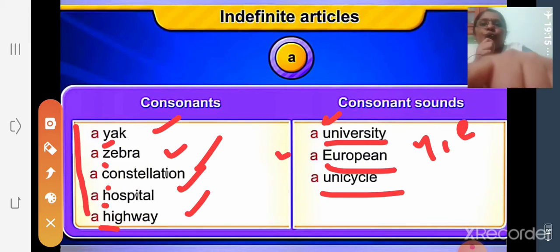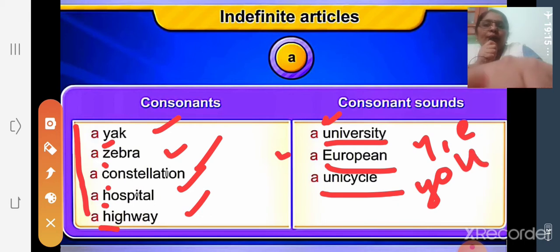University, European, unicycle. So Y is a consonant sound. The vowel U in the words European, university, uniform, unicycle, etc. sounds similar to the word U.